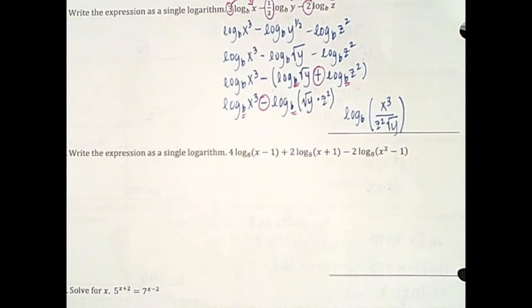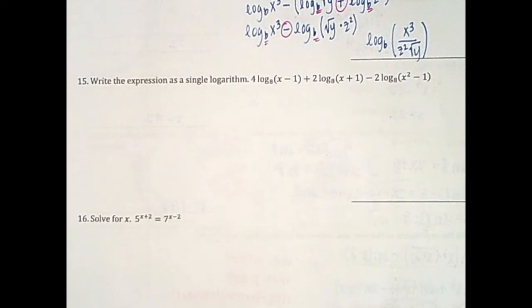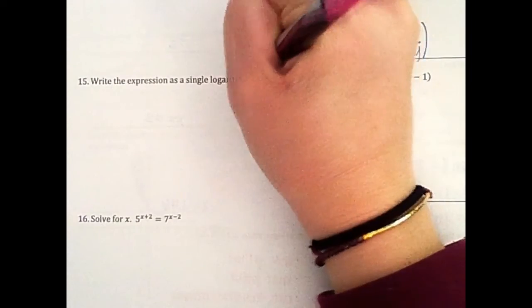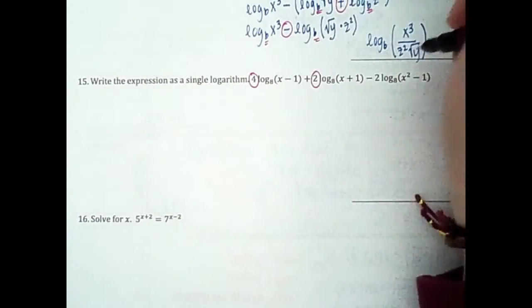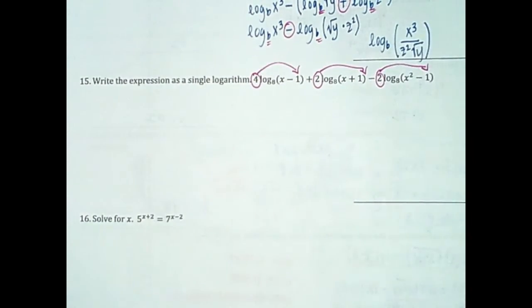Okay, so let's move on to number 15. Number 15 is asking you to do the same thing that we did up above. So I am going to start with that. The first thing I'm going to do is apply my power rule. So the 4, the 2, and the 2, we're going to all move those to powers.